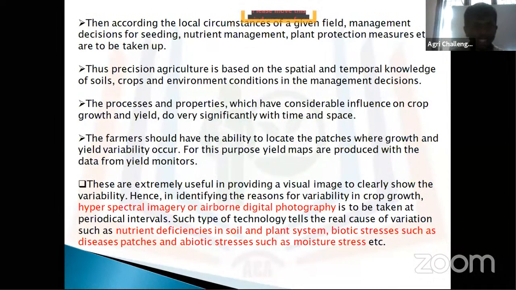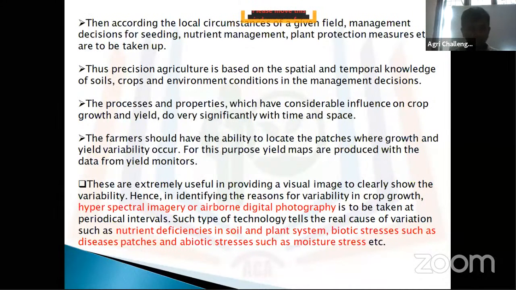Precision agriculture is based on the spatial and temporal knowledge of soils, crops, and environmental conditions in the management decisions. Spatial means space or location, and temporal means different times. Knowledge of the variation of soil, crop growth variation, yield variation, environmental condition variation.